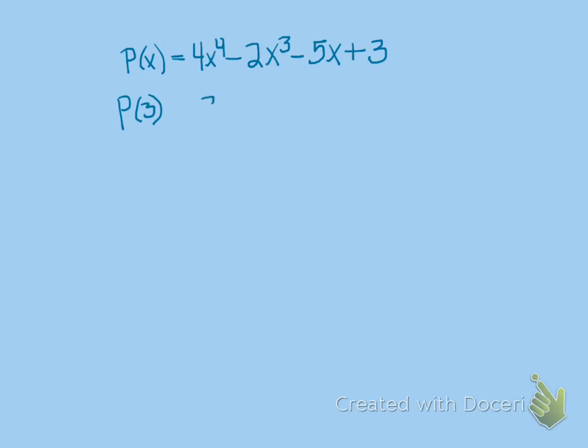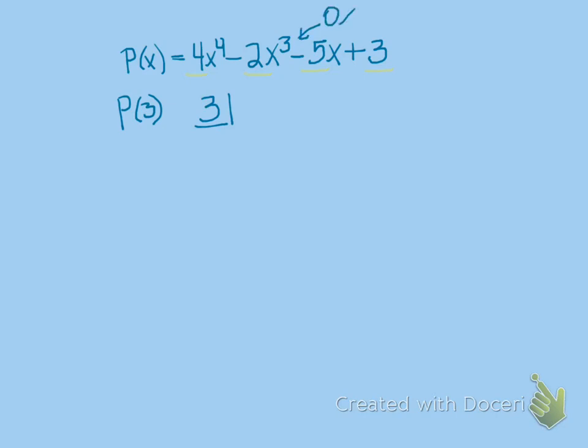First, I take the number I want to substitute in, which is a 3, and then I take all the coefficients from my polynomial. But notice this polynomial goes from an x to the fourth power, then an x to the third, then down to an x term. And notice that there's a term missing, so there was no x squared term.